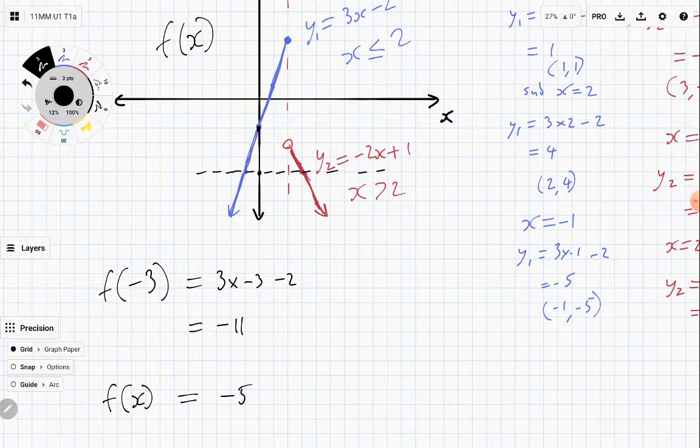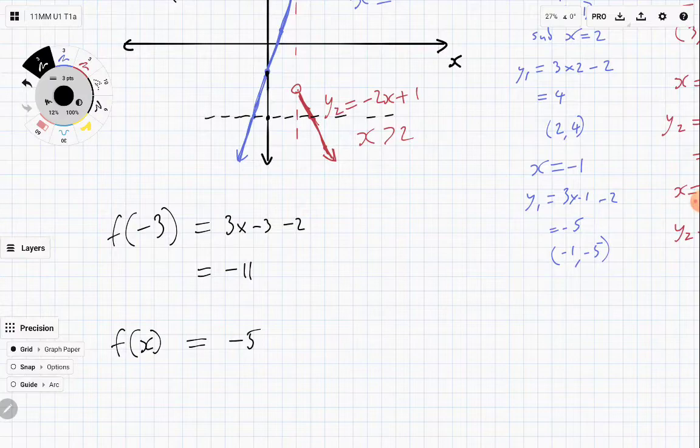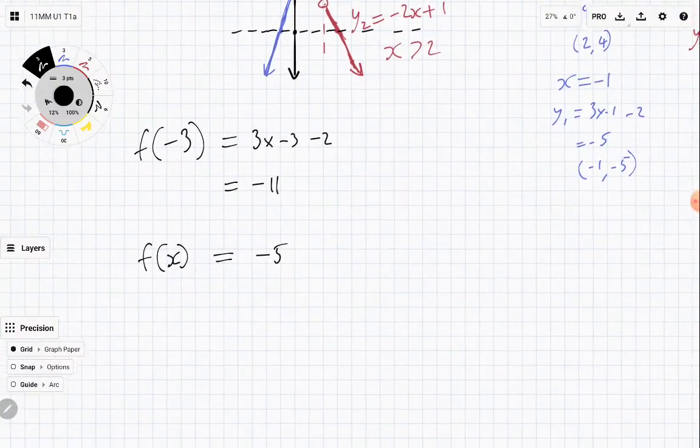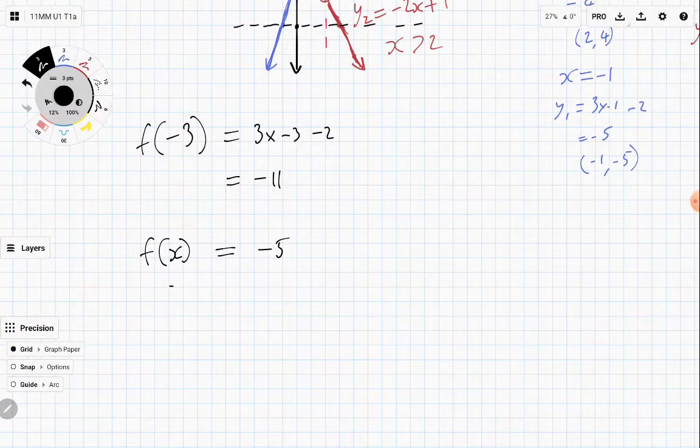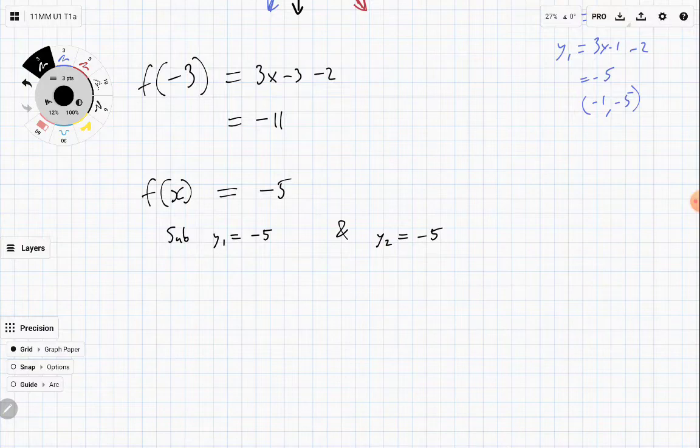But it comes down to the fact that whenever you have a piecewise function, there could be multiple solutions that work. And in this case, we do have multiple solutions that work. So we're going to sub in y1 equals negative 5, and we're also then going to go y2 equals negative 5, because we should get two solutions for this. So solve for x.